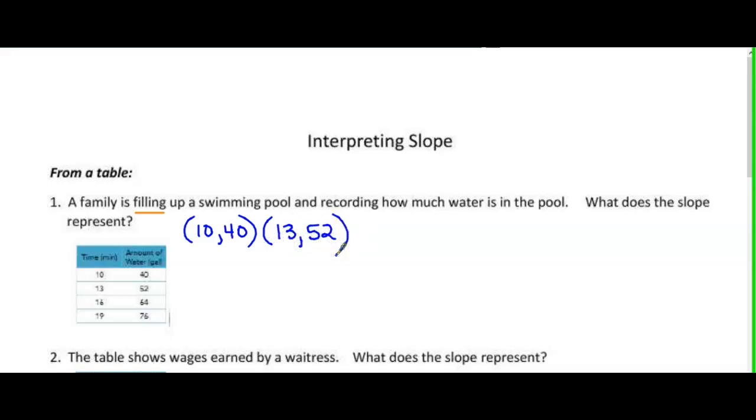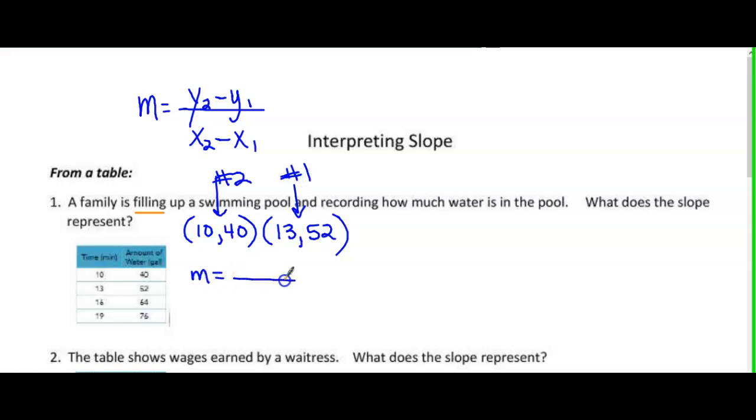So, the slope formula, I'll write it up here if you forgot what it was from class. It's y2 minus y1 over x2 minus x1. I think I've told you this in class. I like to make my first ordered pair always number 2 and my second ordered pair number 1, so I can just go left to right when I'm doing the slope formula.